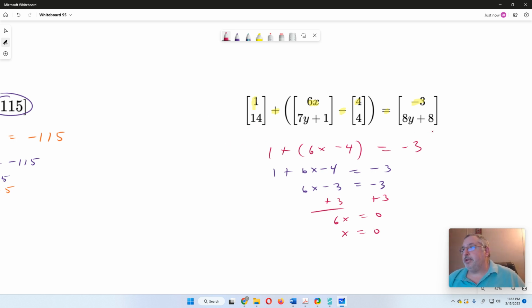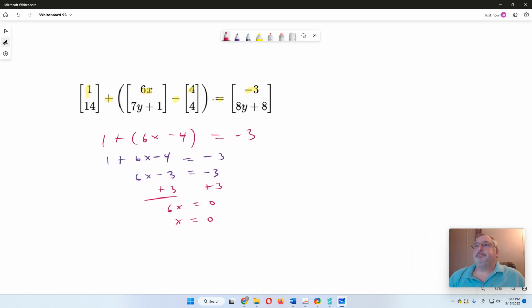So this time we're using all the bottom information. Okay, so we got 14 plus 7y plus 1 minus 4 equals this whole thing, not just the 8. 8y plus 8.